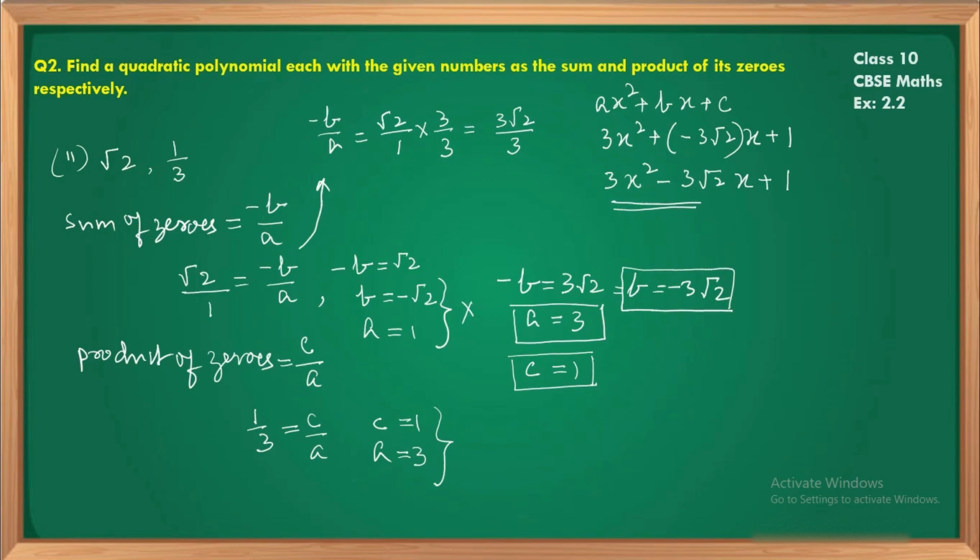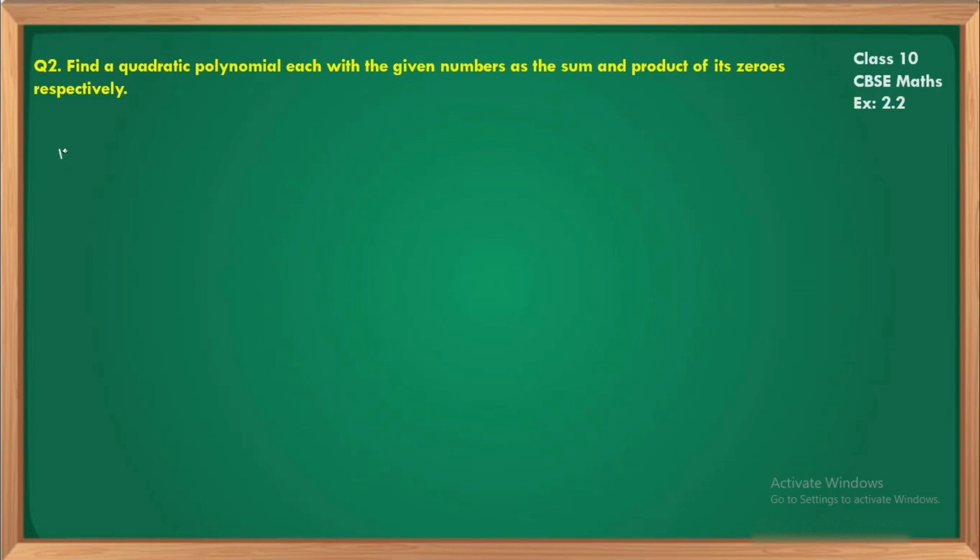So we move on to the third question. Third question is 0 and root 5. Here we know the sum of zeros is equal to minus b by a, which is 0 equals minus b by a. Now we don't have anything in the denominator, so you can put 1.